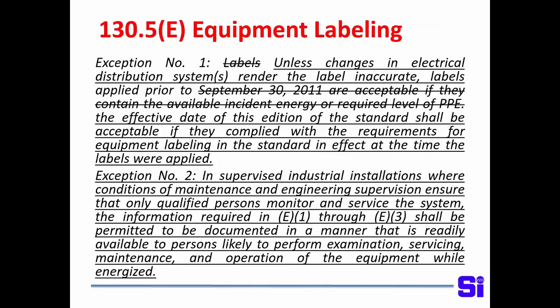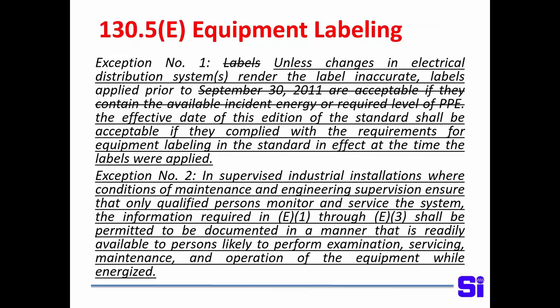Unless changes in the electrical distribution system render the label inaccurate, which, you know what, you've got a requirement in 70E that already says if you have changes that affect the incident energy, you have to change the label out. But here we're saying again, if the label is still accurate, labels applied prior to the effective date of this edition of the standard shall be acceptable if they complied with the requirements for equipment labeling in the standard in effect at the time the labels were applied.